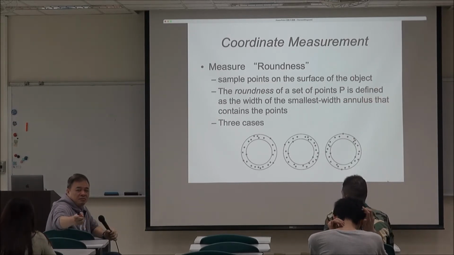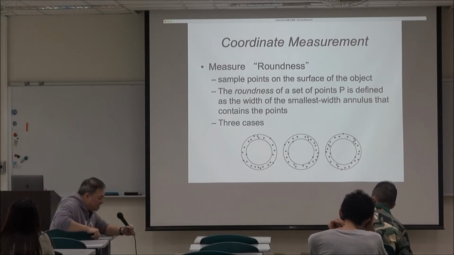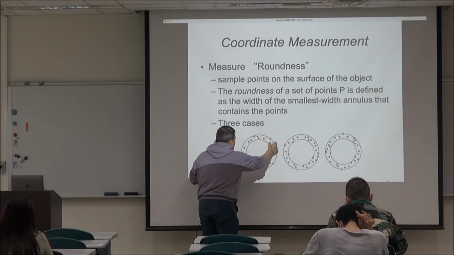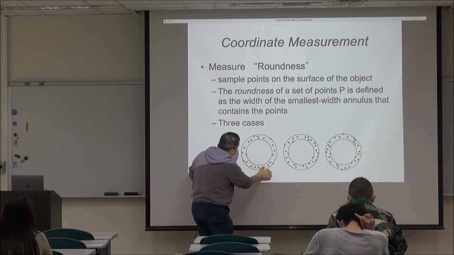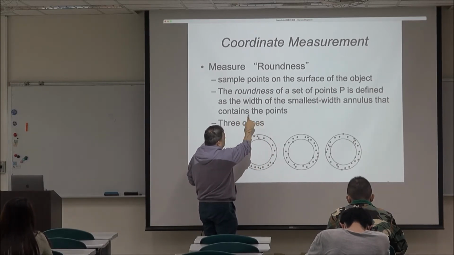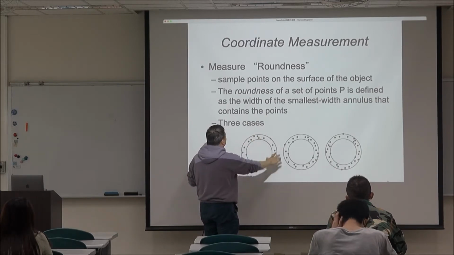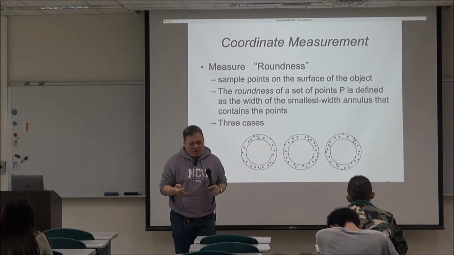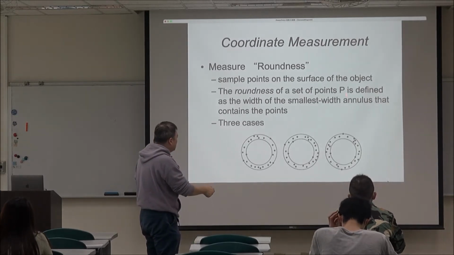Well, you just did a paper on that. But anyway, this annulus basically means this circle shape, and you measure how wide this thing is. That's what we call the width of the smallest width annulus that contains the points. But you may have a question: why do we say it's the smallest width annulus?